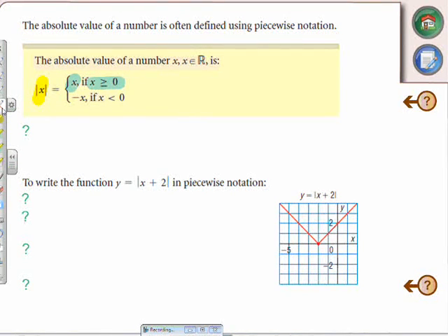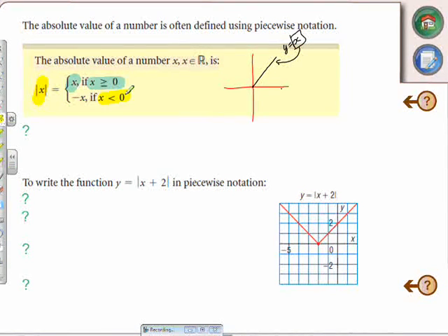This portion here. So when x is greater than or equal to 0, really what we're saying is y equals x here. The value is the same as the x.